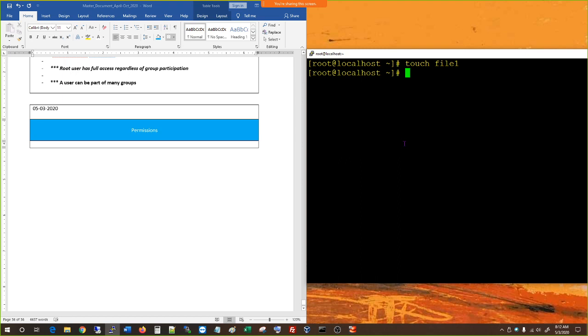So what I'm gonna do is ls -l. What this does is it gives me some detailed information about a file here. So we're gonna focus today on this part here, okay? And read through what this file is.